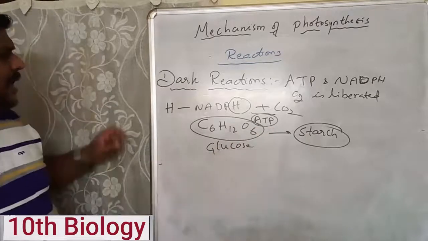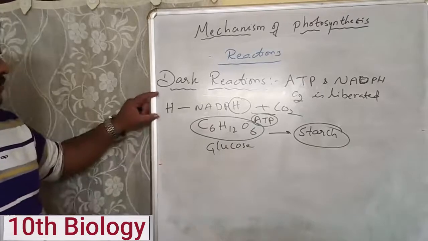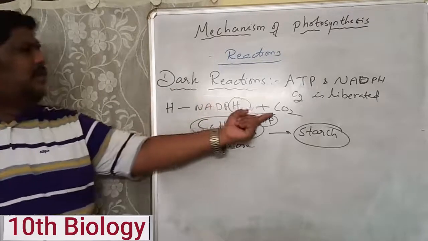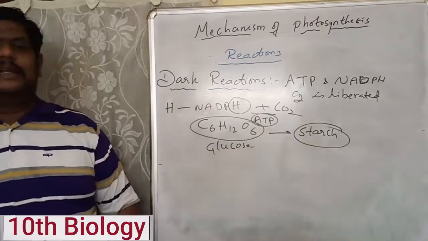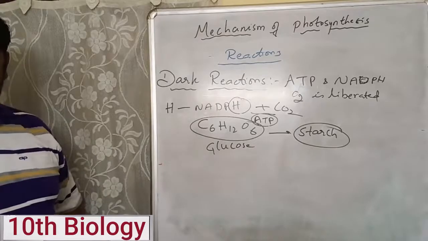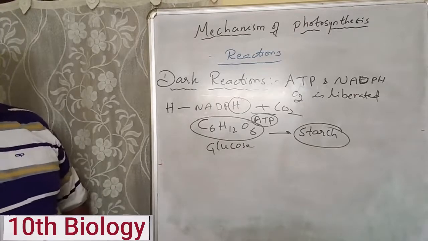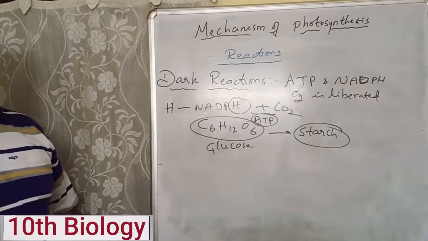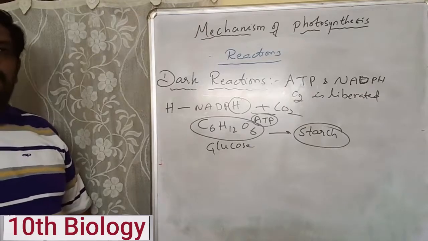It's not that the hydrogen directly combining with the carbon dioxide will give starch or glucose directly. There is no one reaction. There are some 10 reactions based on that, and this is a cyclic process which keeps on continuing.